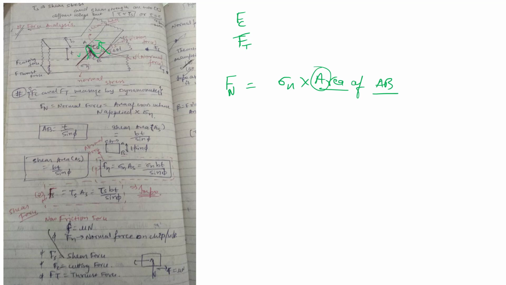Here is the thickness t of the undeformed workpiece, and here is the phi angle. This is AB, the length of the shear plane.